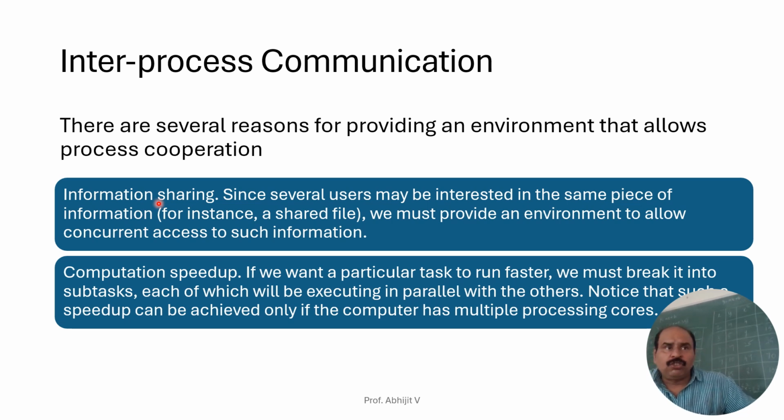Computation speedup. Naturally, when you have multiple processes working at the same time and using different timelines, it makes the speed much higher. It makes it much easier so that the computation speed increases.